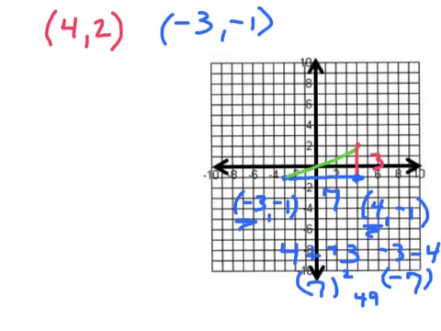Well, if we label each of the points, let's say 4 is going to be my x2, my 2 is going to be my y2, my -3 is going to be my x1, my -1 is going to be y1. Okay, these are arbitrarily chosen, meaning I could call this x1, I could call that x2, it doesn't really matter.